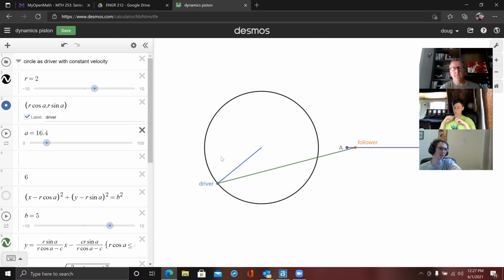Is that how it works? You mean the radius of the shaft, or whatever it's called, how far it is from the driver to the center? Yeah, exactly. It's the green line.